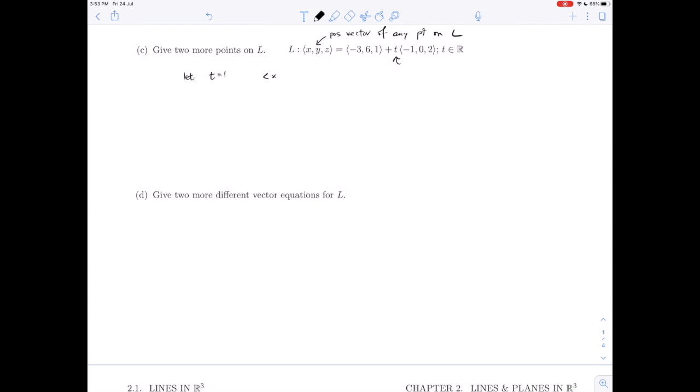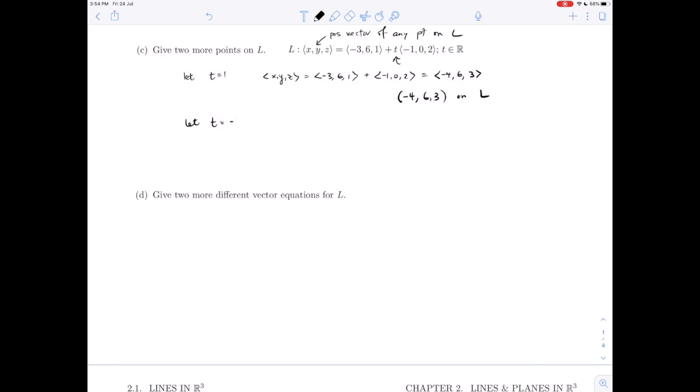And if we do, then we're going to get the position vector xyz is minus 3, 6, 1, plus 1 times minus 1, 0, 2. That's going to give me the position vector minus 4, 6, 3, which means that the point minus 4, 6, 3 is on L. And that is true for whatever value I choose. If I choose t equals 0, I'm going to get the point that I can already see.